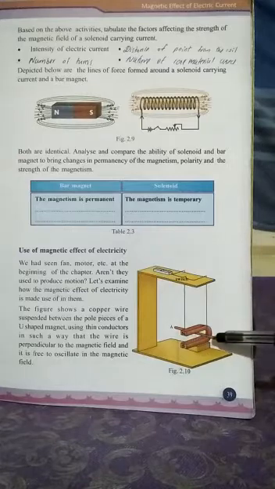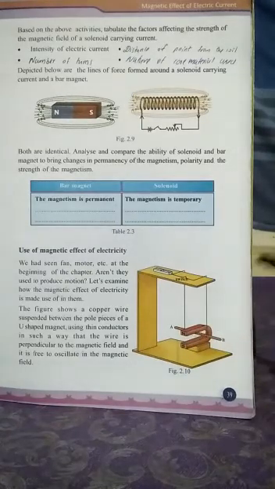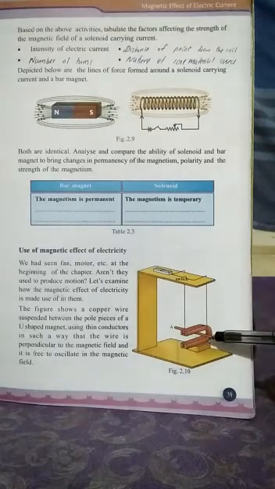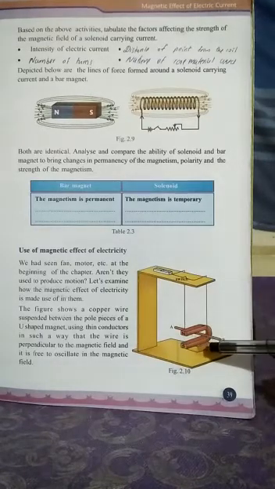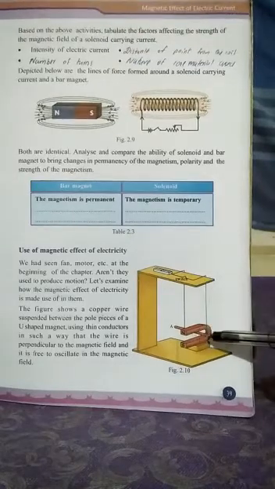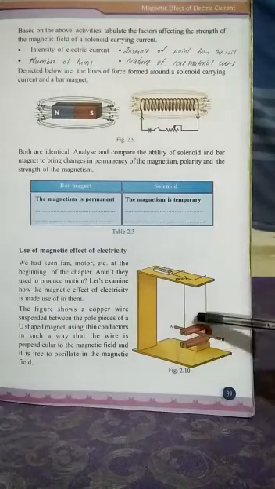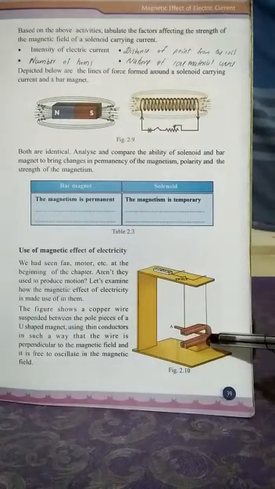A force is experienced on this conductor due to the interaction between these two magnetic fields. A force is exerted on the conductor and the conductor can move freely, so it will move.